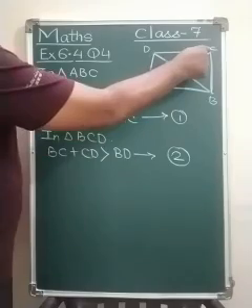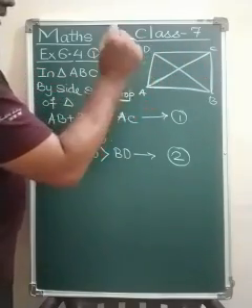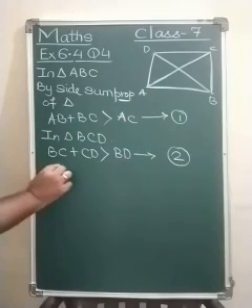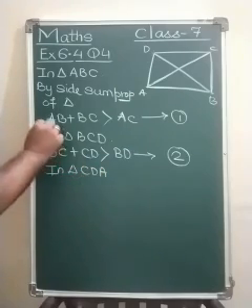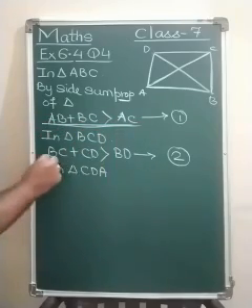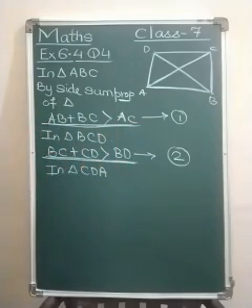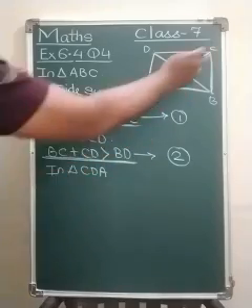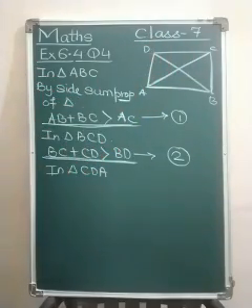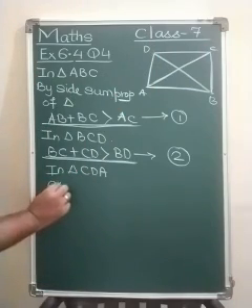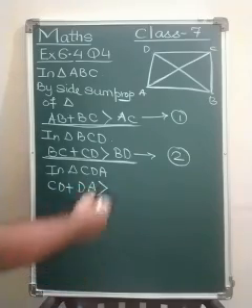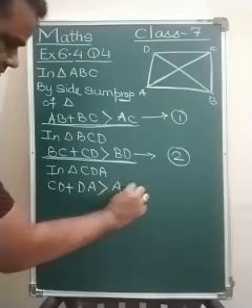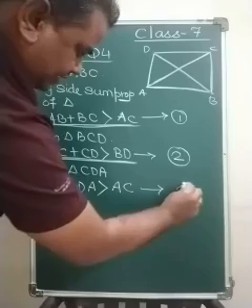Now in triangle CDA, the third triangle. This is the first equation, this is the second equation. In triangle CDA, CD plus DA will be greater than AC. So this is the third equation.